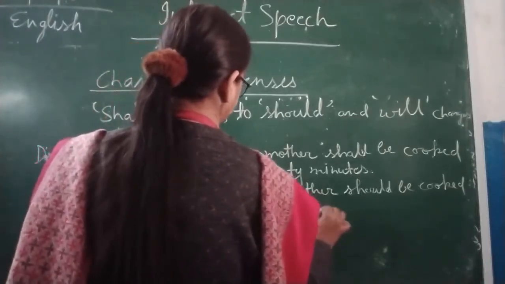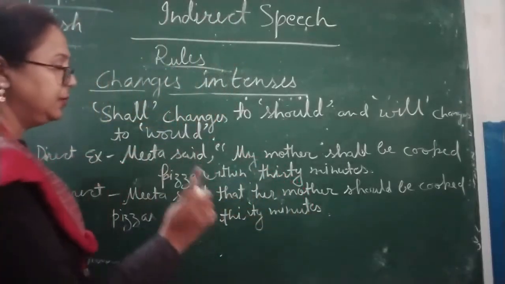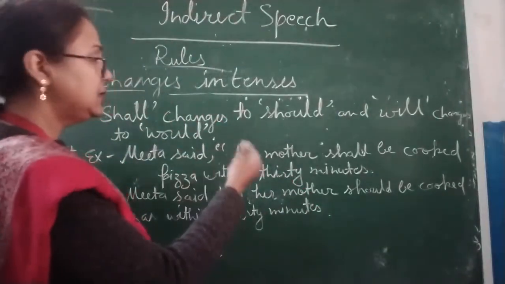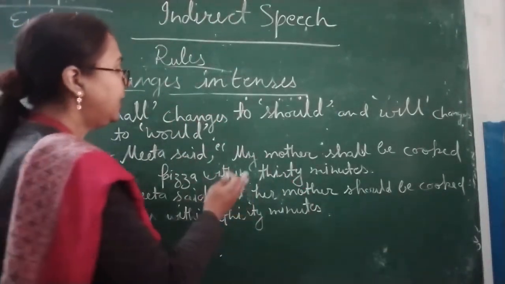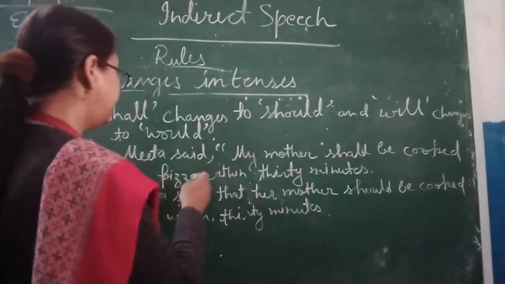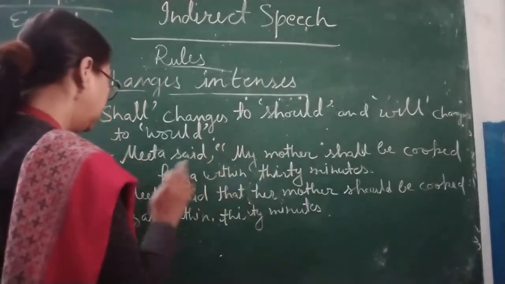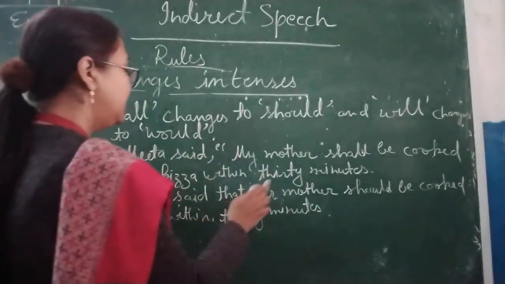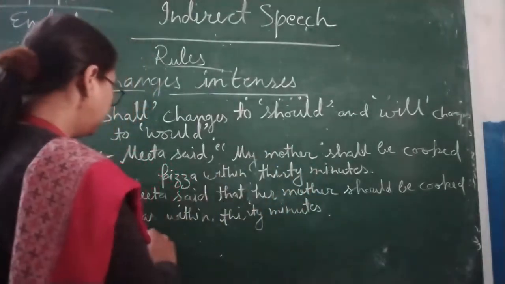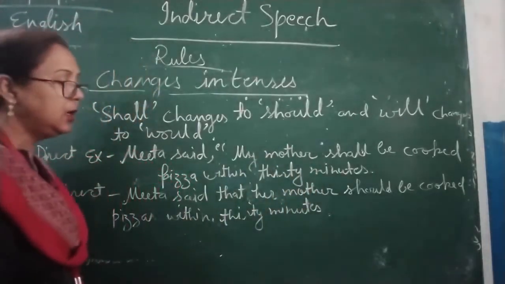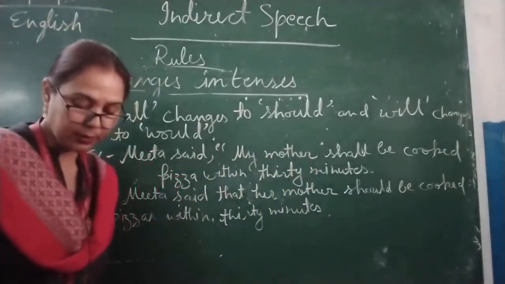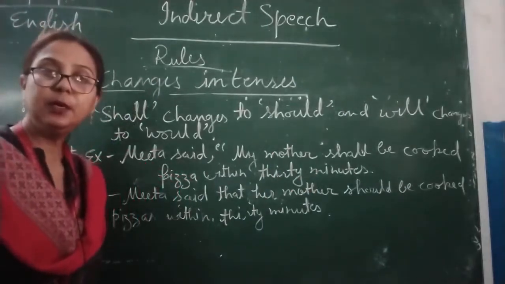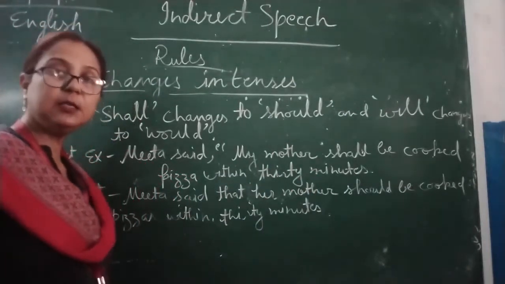Okay children, now here you can see shall becomes should. So this is the possibility, that is why my mother shall be cooked pizza within 30 minutes. Meeta said that her mother should be cooked pizza within 30 minutes. So here children you can see the possibilities are there, so that is why it is changed.